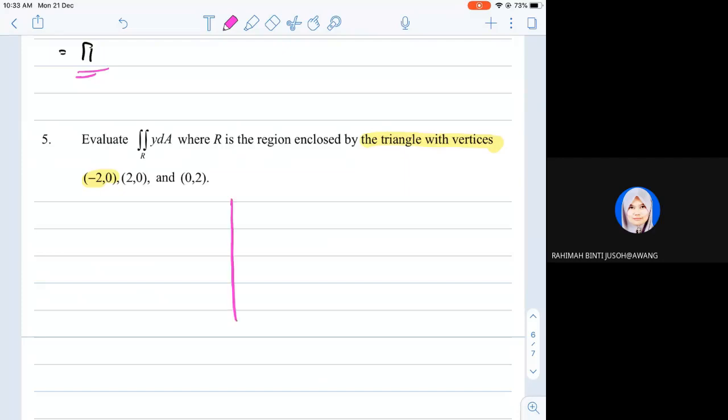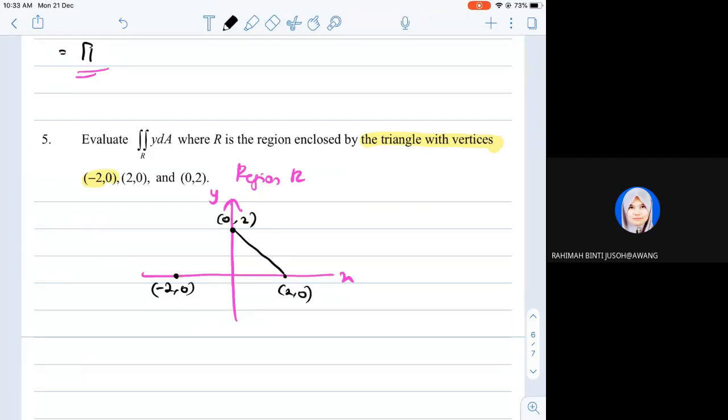Okay, so let us sketch the region R. We have X, we have Y. Okay, -2, 0 means here. And then we have 2, 0, of course, here. And then we have 0, 2. Okay, let's say here 0, 2.